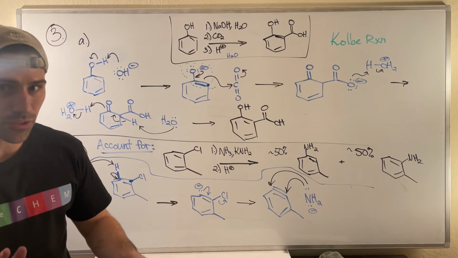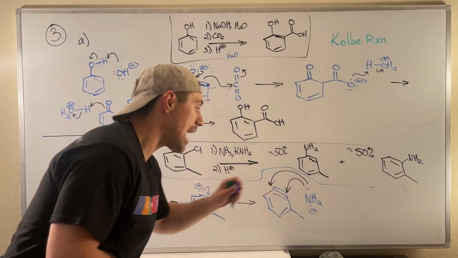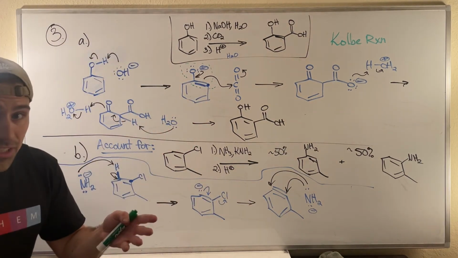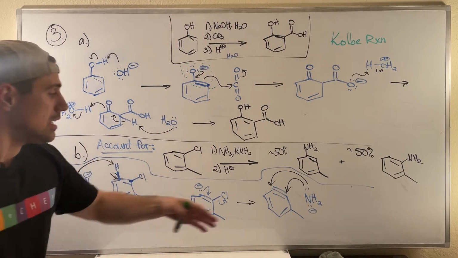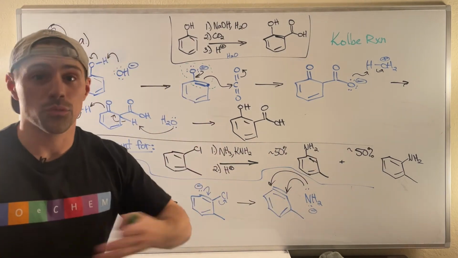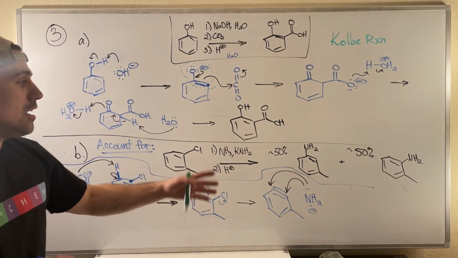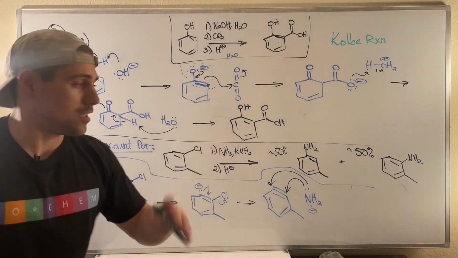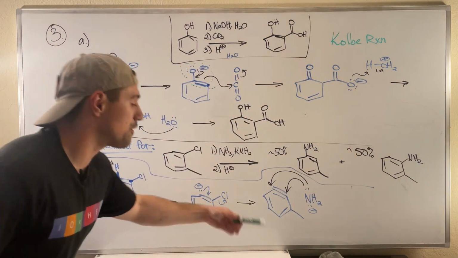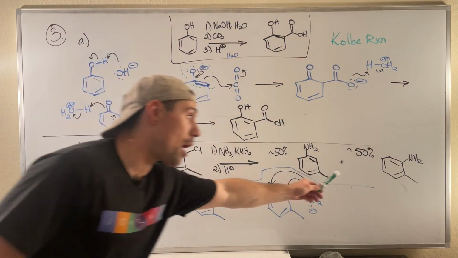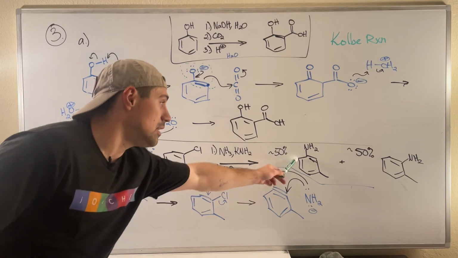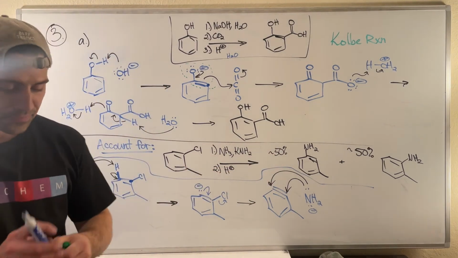It won't stay like this for long, and we have a nucleophile that can attack. Where it attacks is up to chance, depending on where this NH2 minus and this structure collide, which is why we theoretically see a 50-50 split, because there's no difference whether we attack here and get the ortho product, or attack here and yield the meta product.